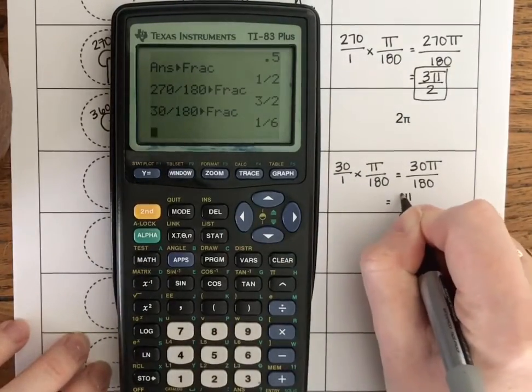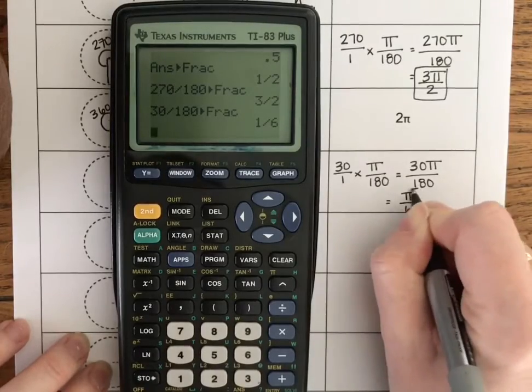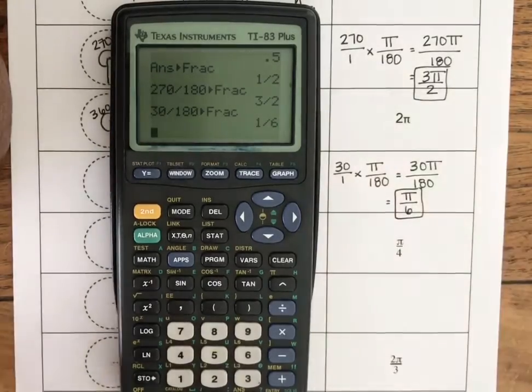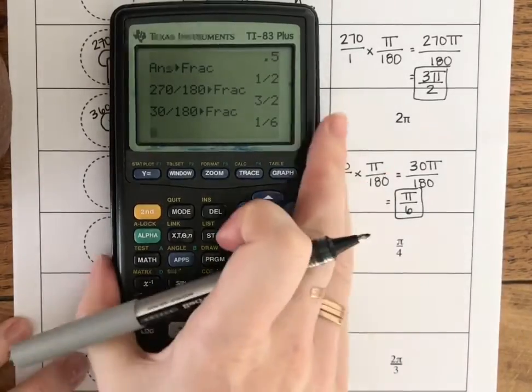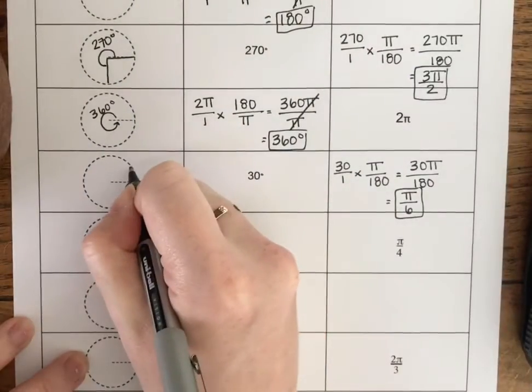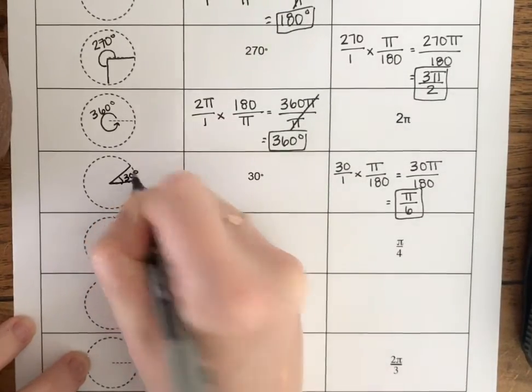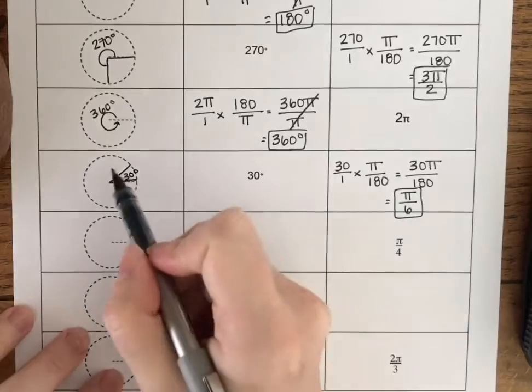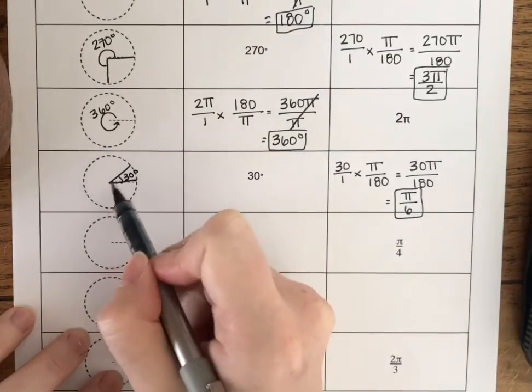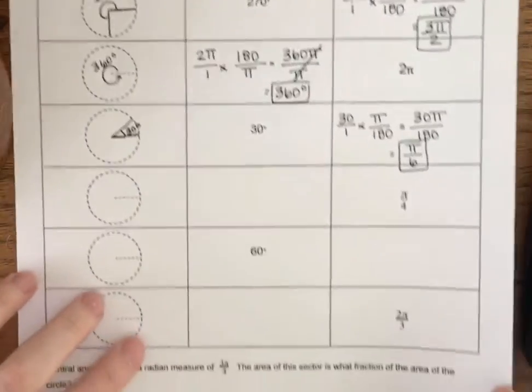Again, we don't usually put the 1 in front of pi. You can if you want to. But it would just be pi over 6. 30 degrees, let's see, for our picture would be, I don't know, about that big. It doesn't have to be perfect. But so like if 1/4 of it's 90, then that would be 1/3 of that.